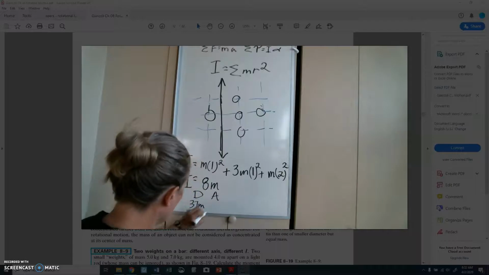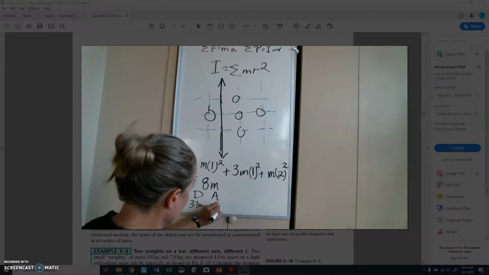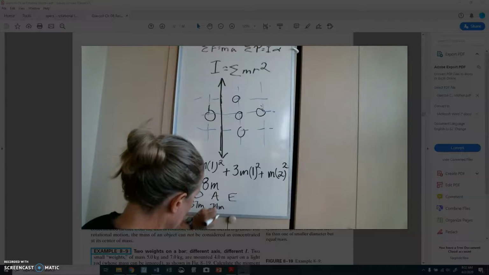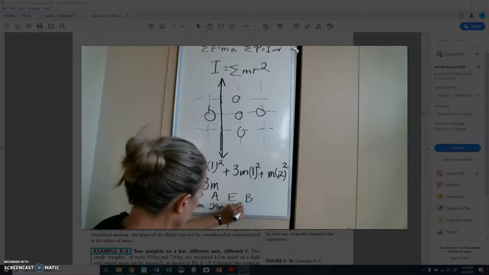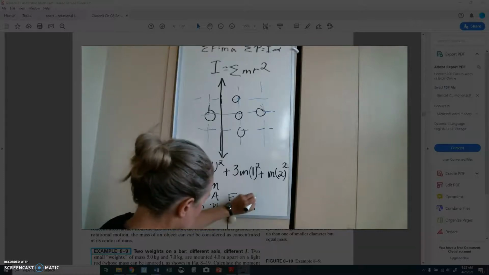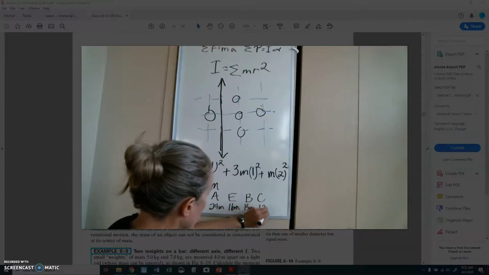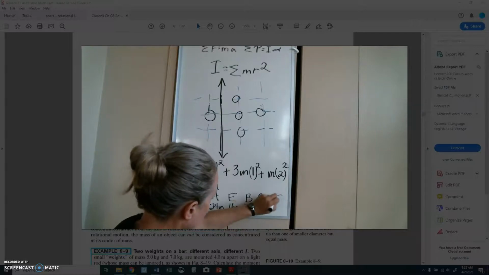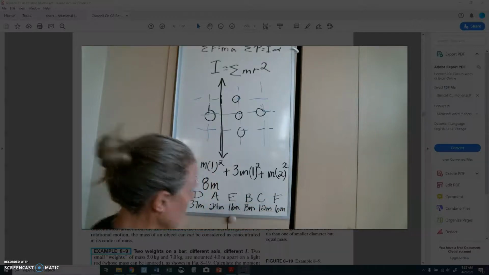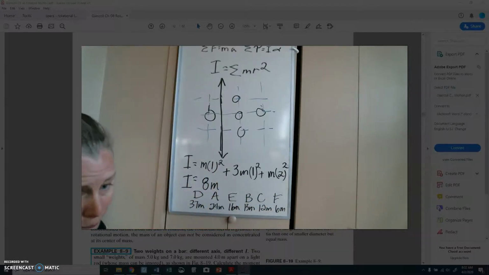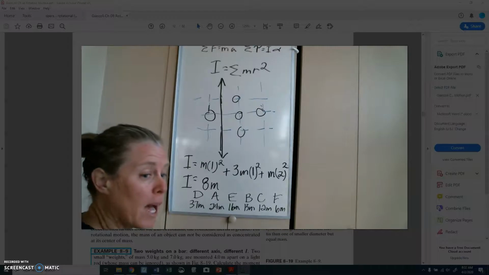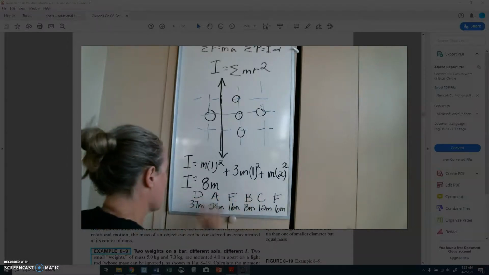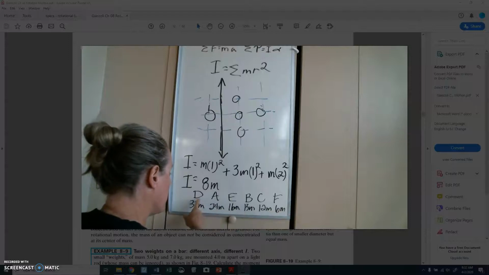Then A had 24M, E 16M, B had 13M, C 12M, and finally F with 6M. For all those that made their predictions and said we match but we're not quite lined up, take a look at that sheet again and see if we correlate.